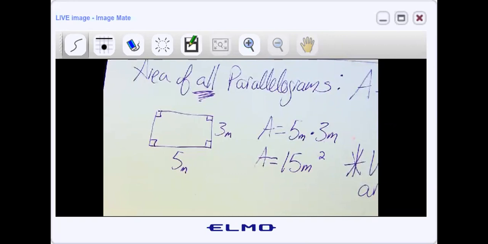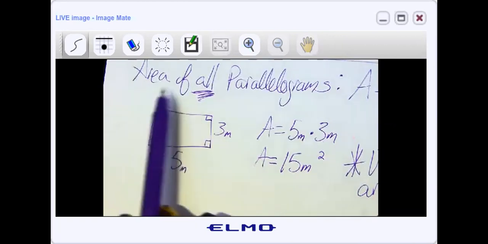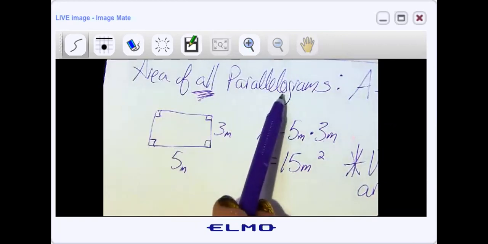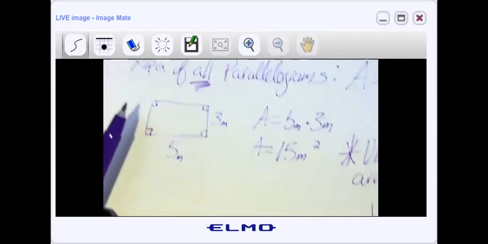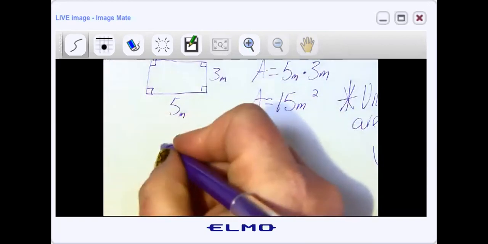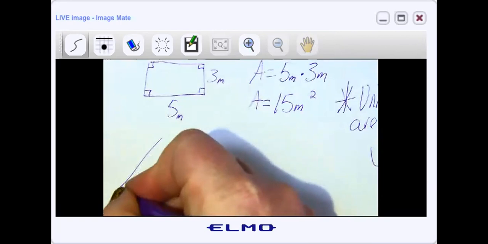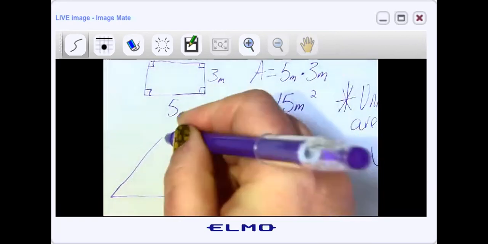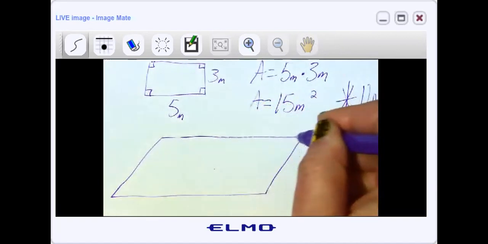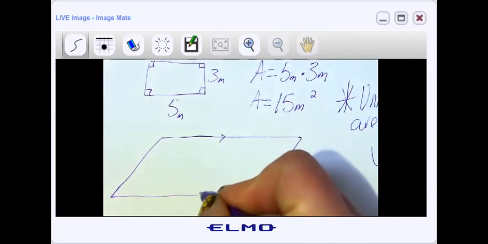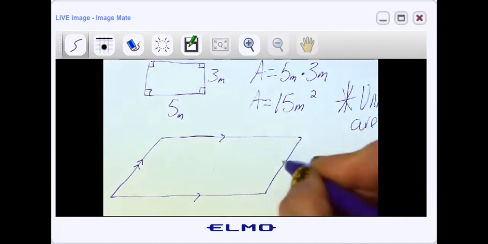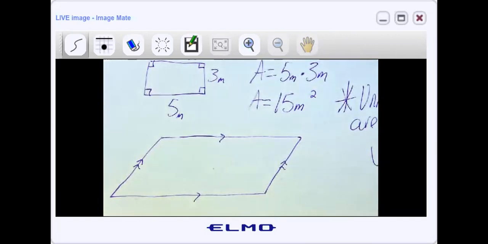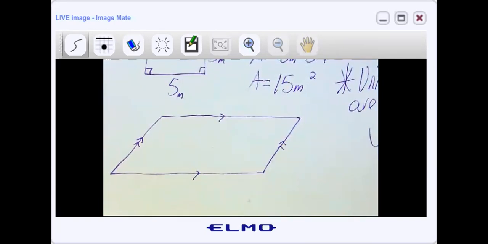All right, there's a rectangle, but I'm claiming that this works for all parallelograms, all of them. But here's the catch. So let me draw you just a regular old parallelogram. And I'm going to give you some numbers here. I'm going to mark it so we know that it is a parallelogram.